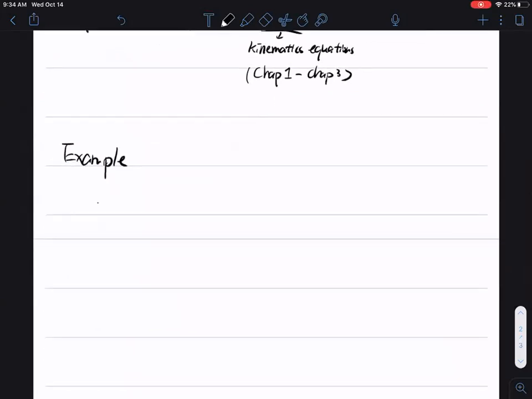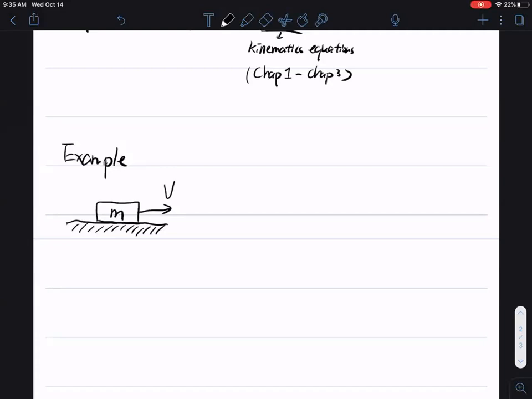We have a car. Or maybe to simplify this, we have a block. It's sliding on a horizontal surface with the initial speed v. This block has the mass m.